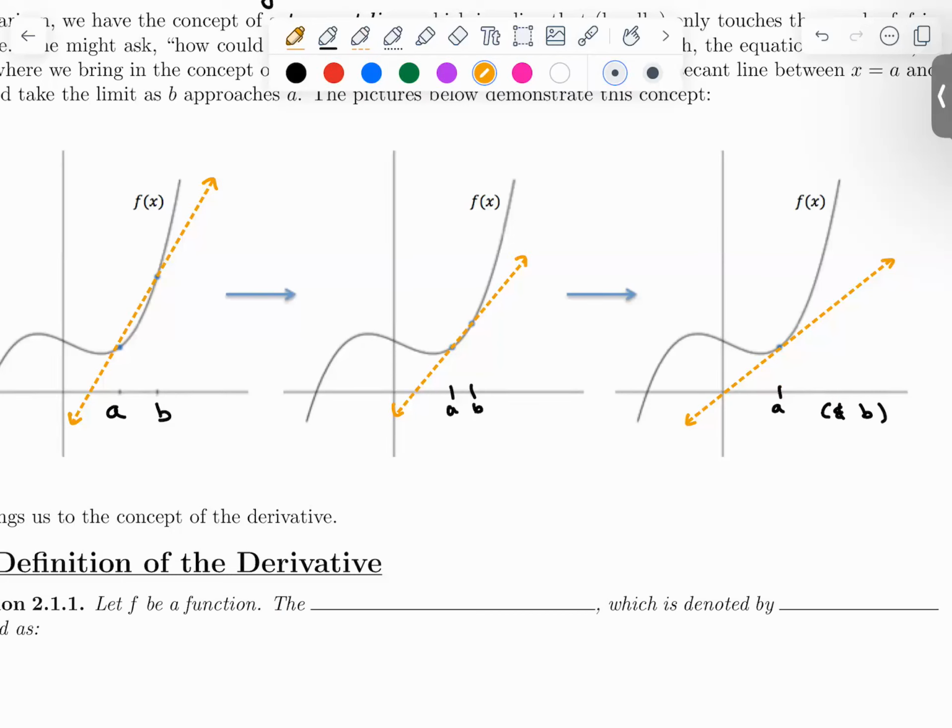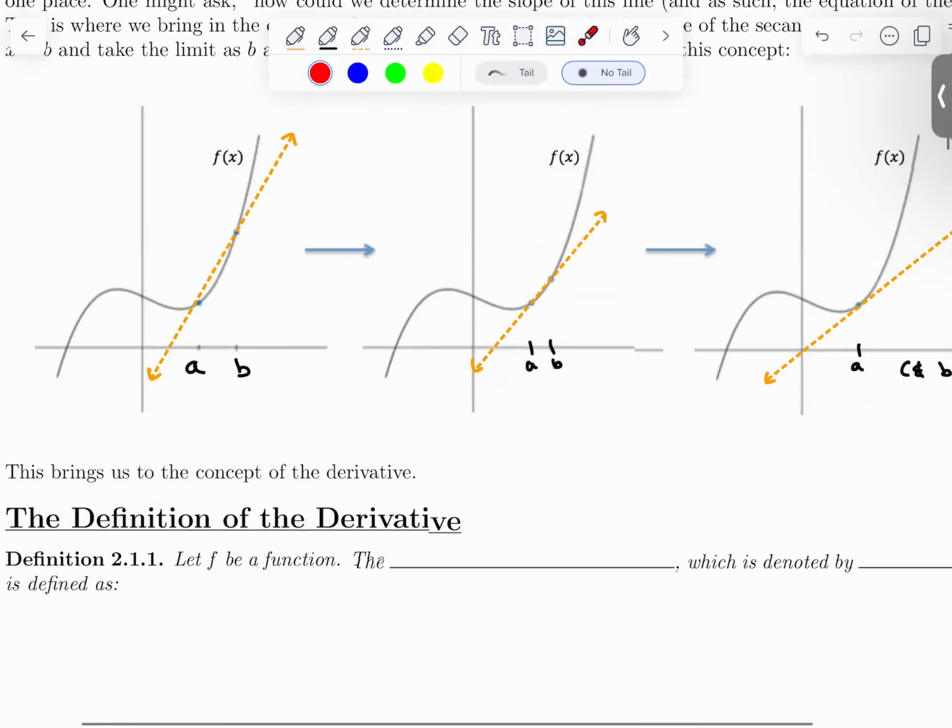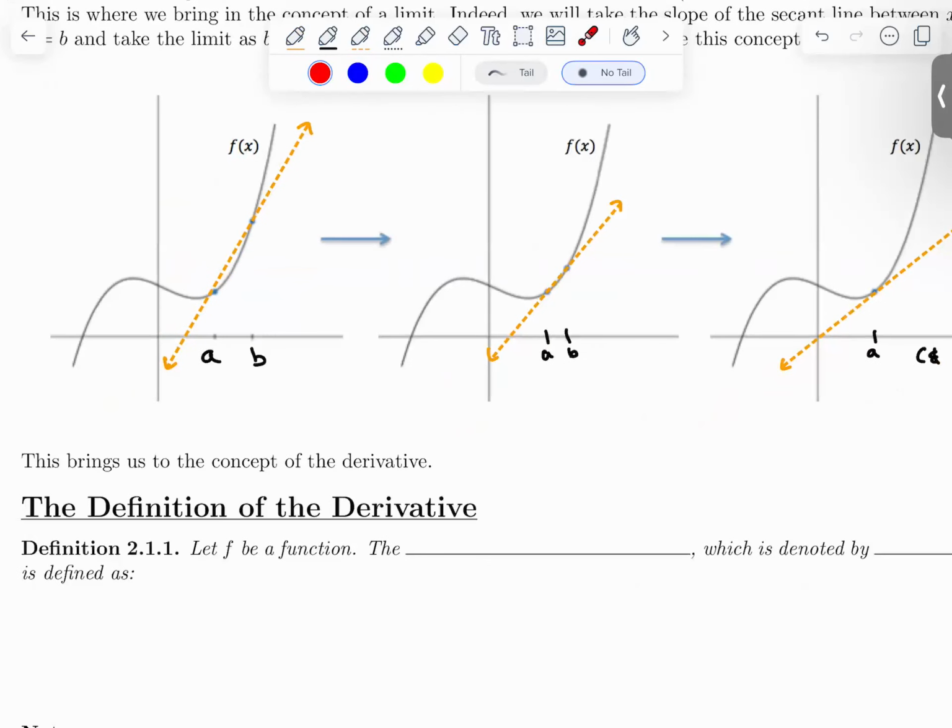We are taking the limit as A approaches B. As your B's get closer and closer to A, what happens to your tangent line? What is the slope of that line? We would not have the concept of a derivative if we did not have the concept of a limit.